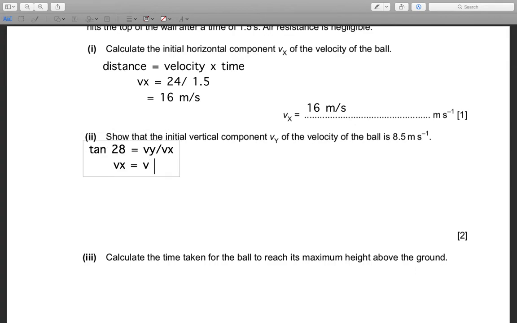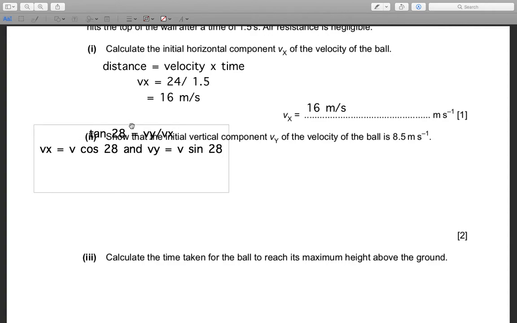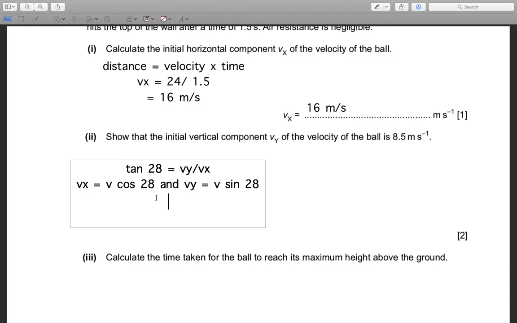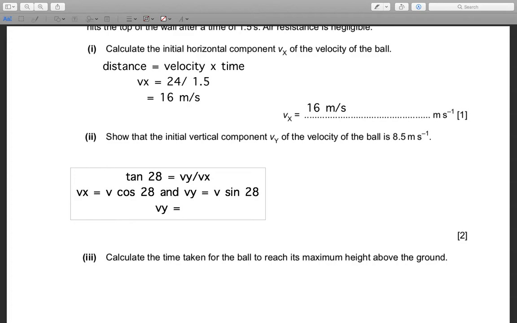Vx is V cos 28, and Vy equals V sin 28. We already know V is 16.